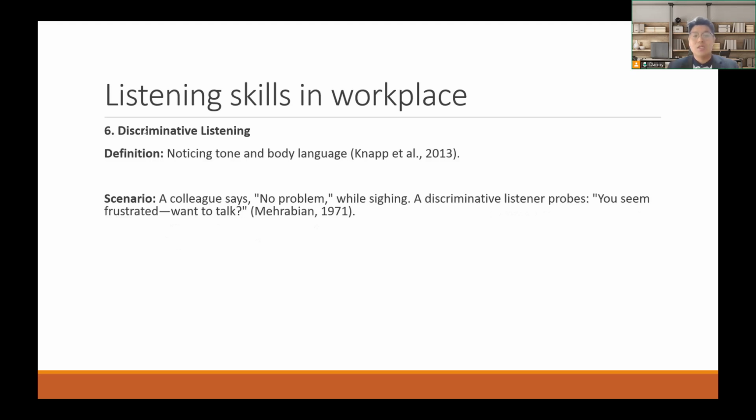In this situation, discriminative and empathetic listening are a little bit similar. But discriminative listening pays more attention to the tone and body language, even more than the words. Empathetic listeners maybe pay more attention to the words, but discriminative listeners are even more careful in listening and also in observing.